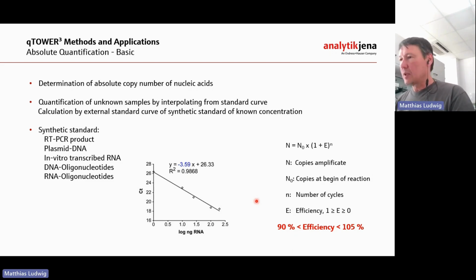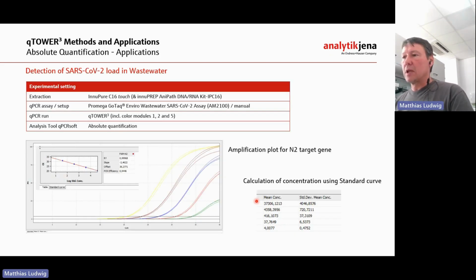So, these are the basics. And how it could look, or what could be an application, is, for example, the detection of SARS-CoV-2 load in wastewater. This is also an example of what we used here in our lab, and also a lot of customers in Germany work with this application.